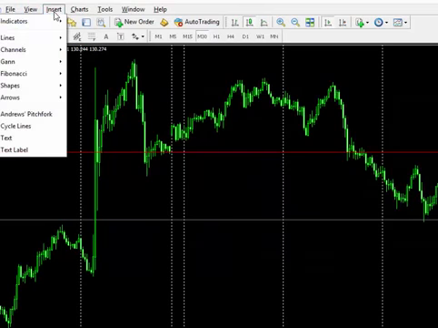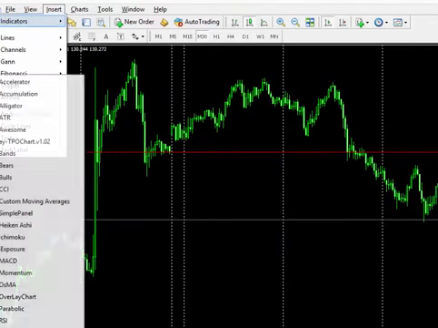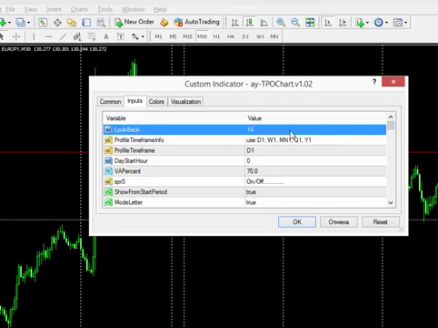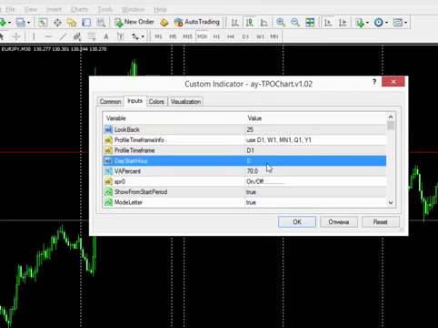Then you go to indicators, custom, choose AY TPO chart version 1.02, and you have several parameters here. For example, the first parameter is look back. You may want to choose how many days you want to look back to. For example, I can choose 25 here.